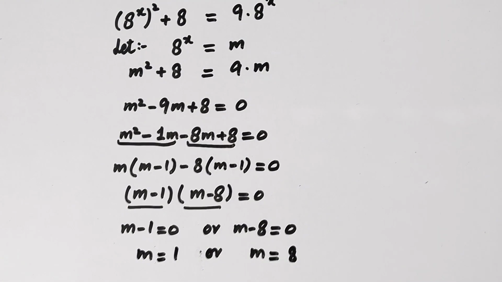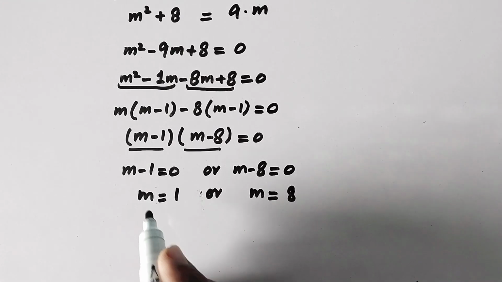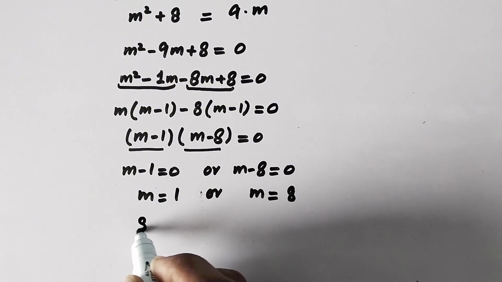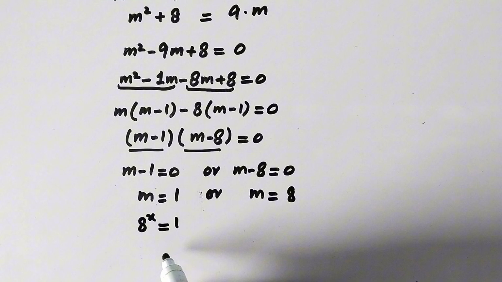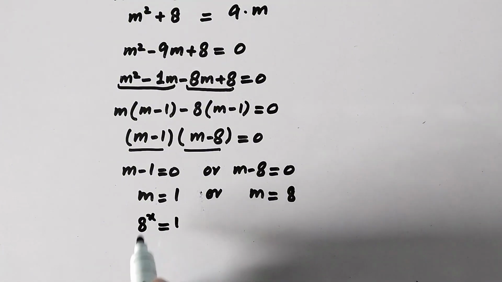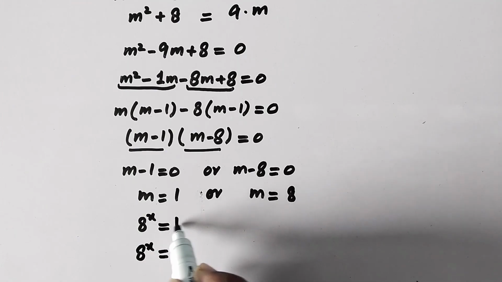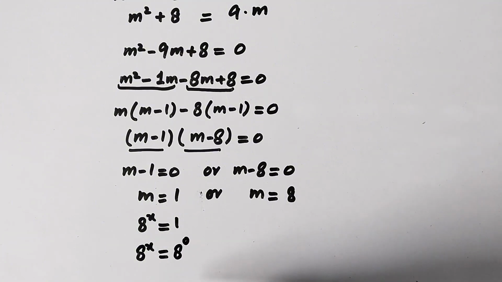Now we will recall that we assumed m equal to 8 to power x, and it will be equal to 1, so we can write 8 to power x is equal to 1, and this 1 can be written as 8 to power 0, as we know that any value having power of 0 is always equal to 1.